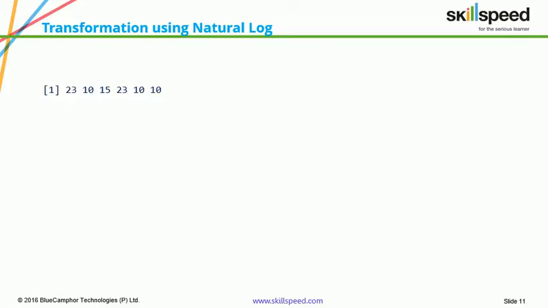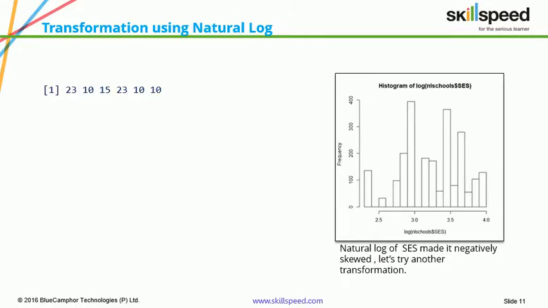We must do some transformations to this data to understand how it looks, or to make it more normal or symmetric. Let's try roots, logarithm and reciprocals. Let's start with the natural log. Before that, let's look at the actual values of SES, maybe the top 6 values, which look like 23, 10, 15, 23, 10, 10.